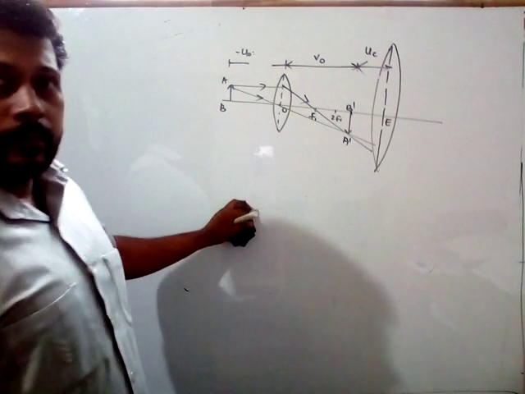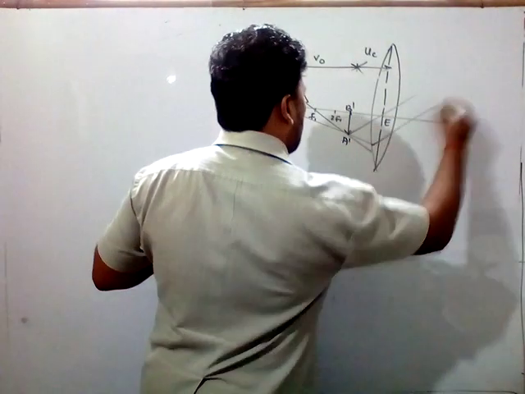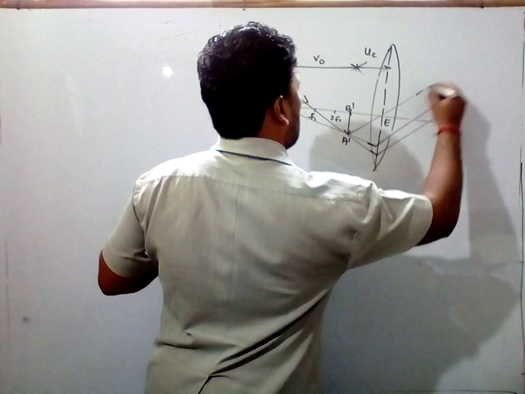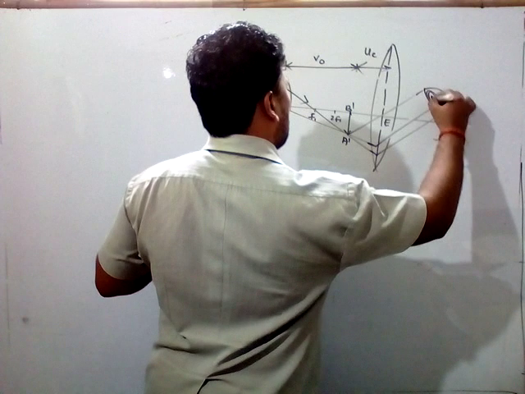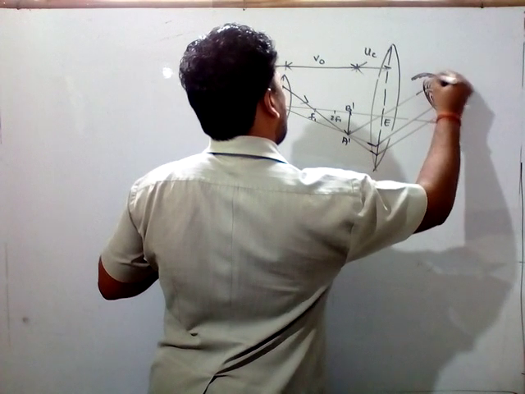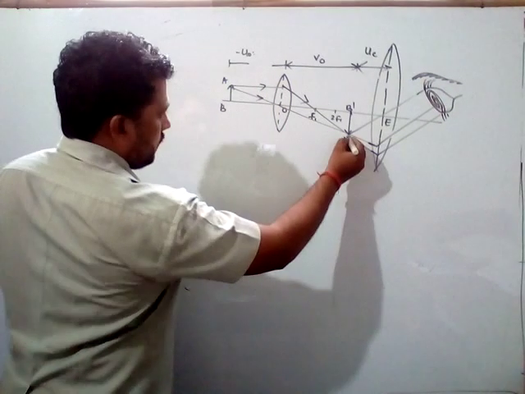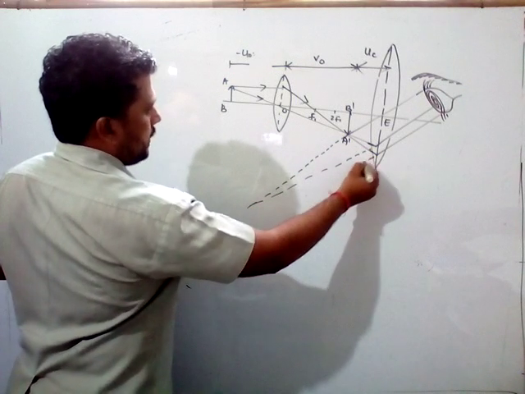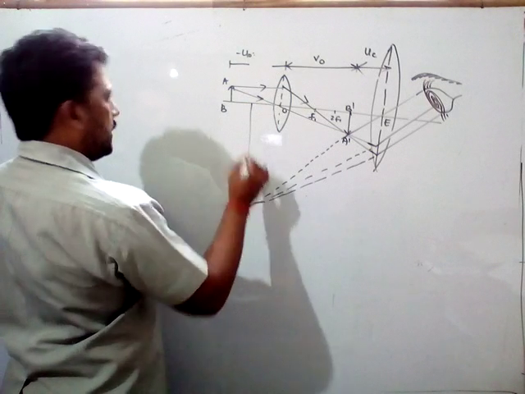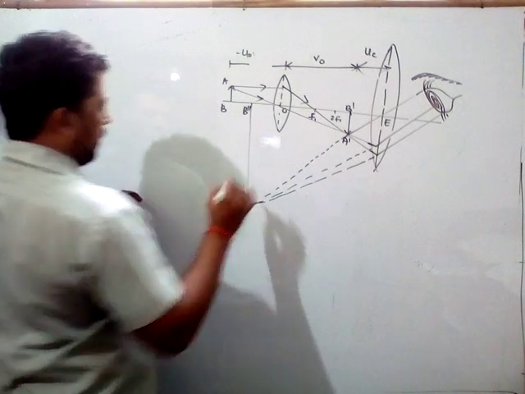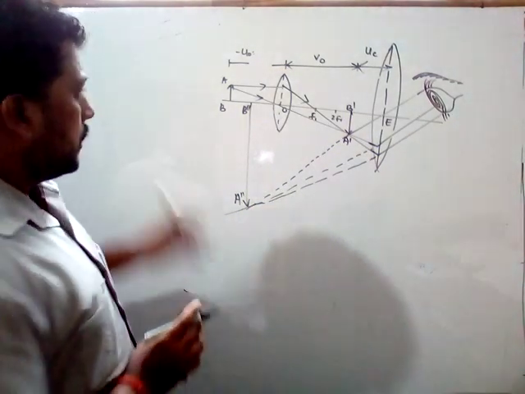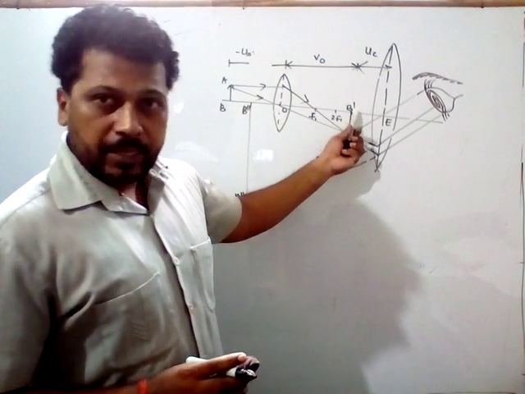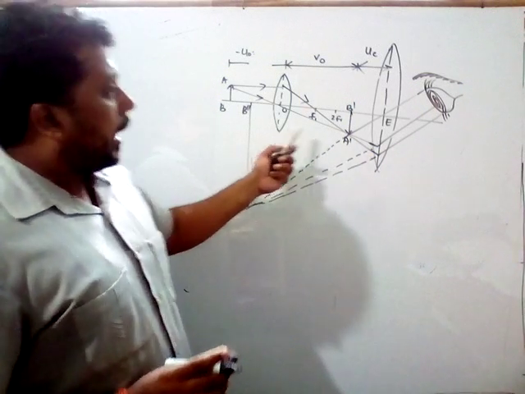This image works as an object for the eyepiece lens, so this length is uE, and its image will form like this, where all the rays intersect, B double dash A double dash, which is highly magnified. So in front of the objective lens an object AB is placed, whose image is formed at A dash B dash, real and inverted.